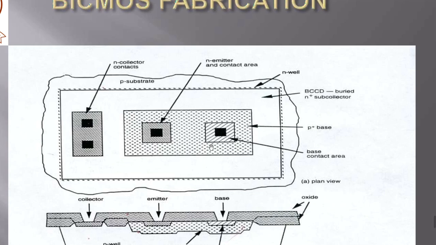See here, this is the P diffusion for the base contact, and this is N diffusion for the emitter and N diffusion for the collector. From emitter, base and collector we have N type, P type and N type, that is N diffusion, P diffusion and N diffusion. Simply, it is an NPN transistor as bipolar.